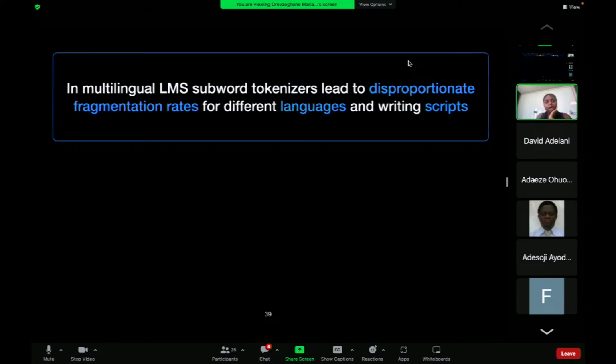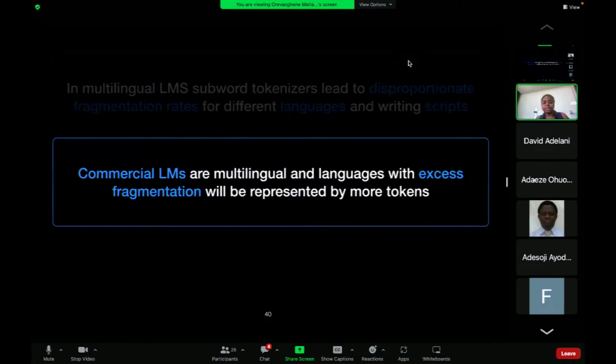As I mentioned before, in multilingual language models, subword tokenizers lead to a disparity in fragmentation rates for different languages and different writing scripts. Commercial language models are usually multilingual, though not always. Languages with excess fragmentation, meaning the vocabulary of my tokenizer is not well balanced, will be represented by more tokens.